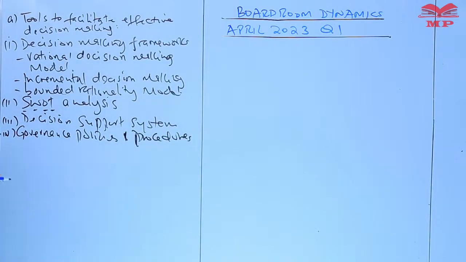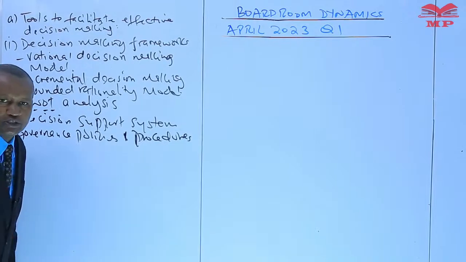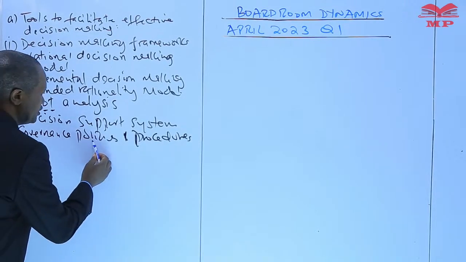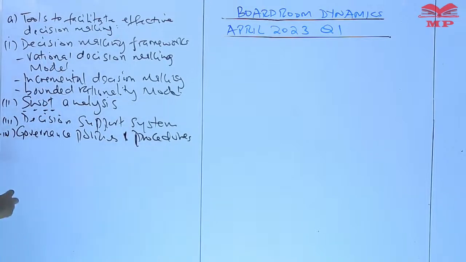Establishing clear and documented governance policies and procedures can create a framework for decision making. It also ensures transparency, consistency, and accountability throughout the organization. Coming up with governance policies and procedures.